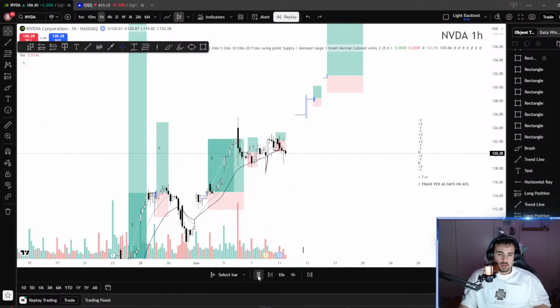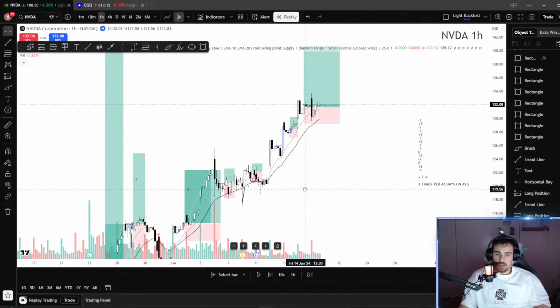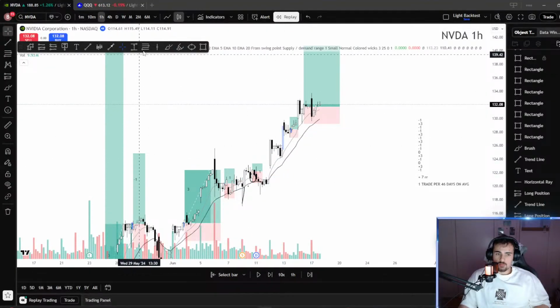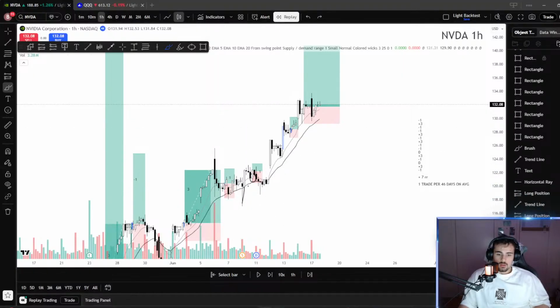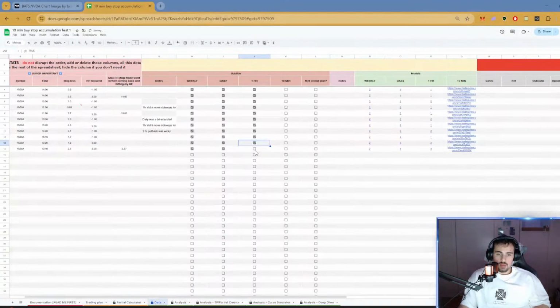And then we get a break back down, sideways action, 1 hour breaks up, where these next two trades came into play, and clear accumulation, price moving upwards after this sideways action. So the rule on the 1 hour was met on those two as well.